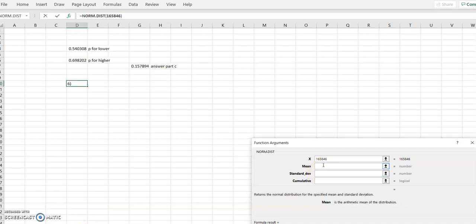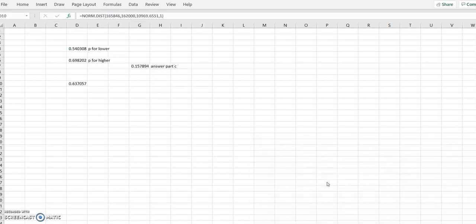The mean is 162,000. The standard deviation is the one calculated in part B, not the 38,000, the 10,969.6551, okay? And the cumulative is always 1, all right? So that's the lower, okay, for part D. P for lower, all right? Because remember, Excel always does less than.